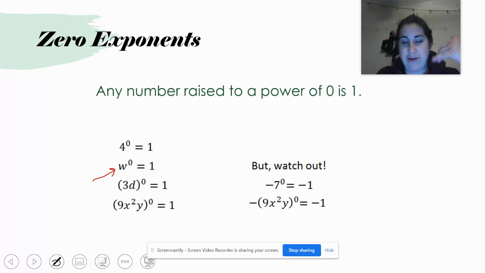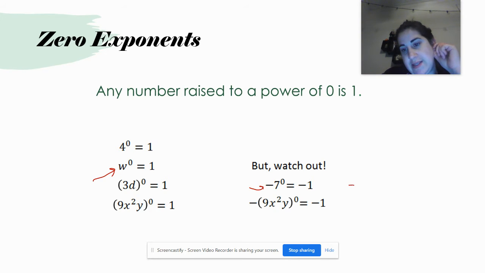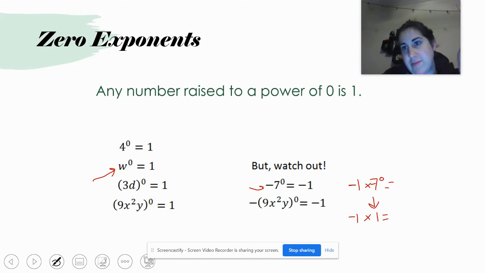You're getting this pattern? But watch out. If you have a negative in front of it, then it's going to be a negative, because this is basically saying, I have negative 1 times 7 to the power of 0, which, if 7 to the power of 0 is 1, then 1 times negative 1, a negative times a positive, gives me negative 1.